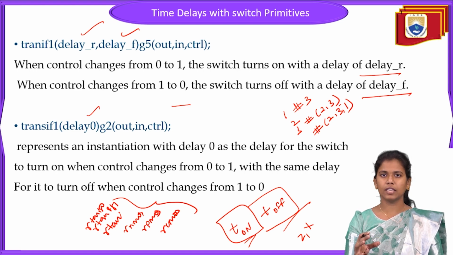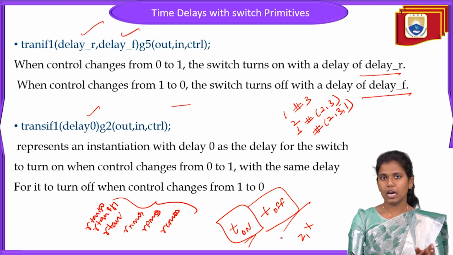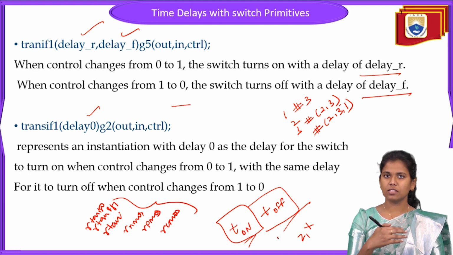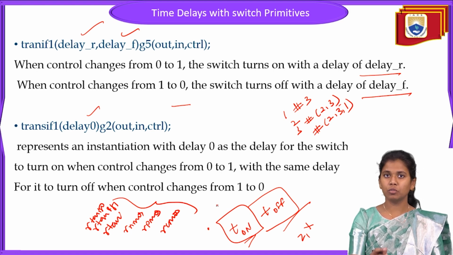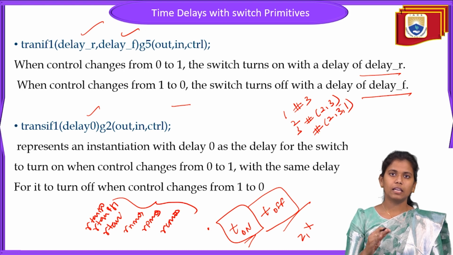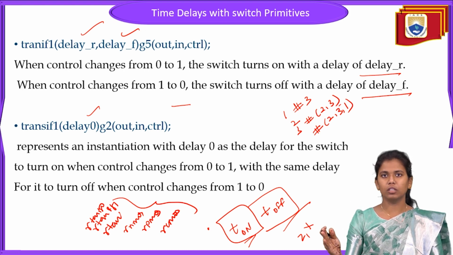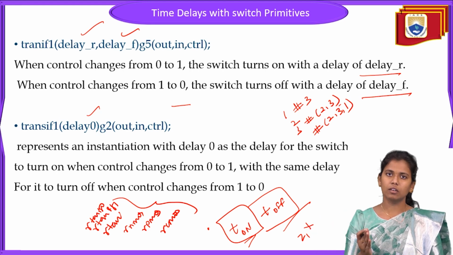Turn on time, T on, is the time taken for the output to change its transition from the starting point to the extent of the rise time, and later we see the fall time. The time delay beyond the turn on time is the turn off time.